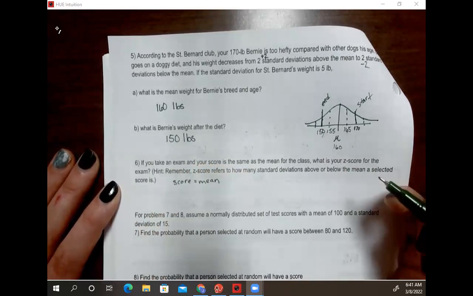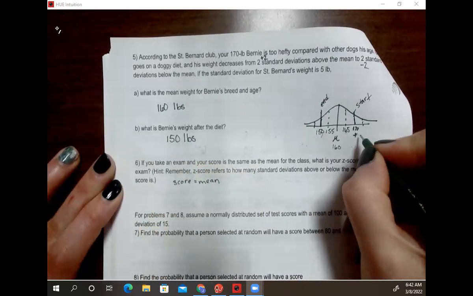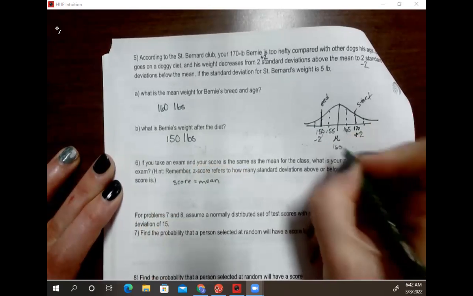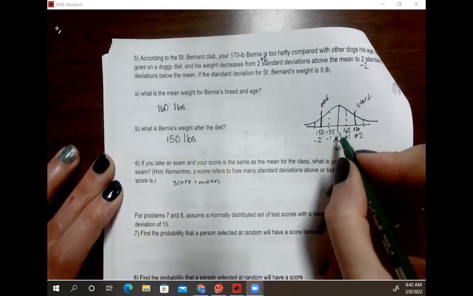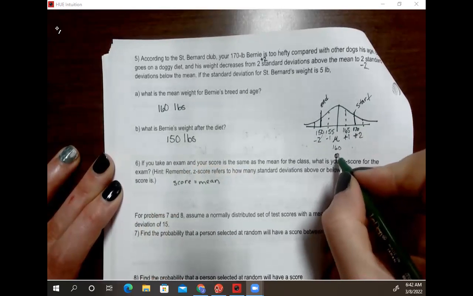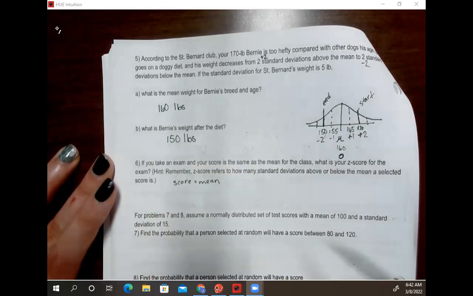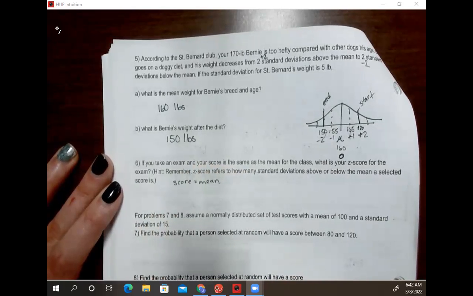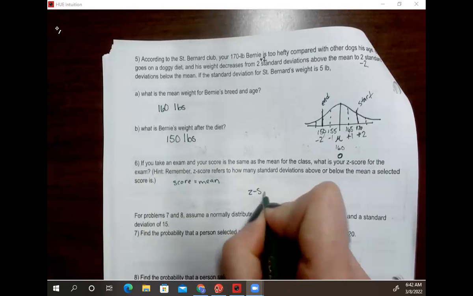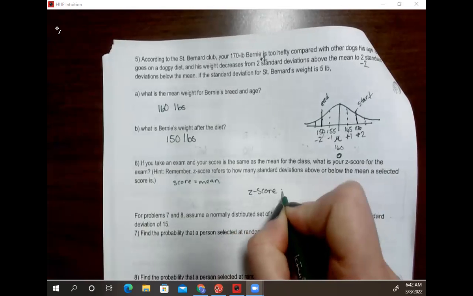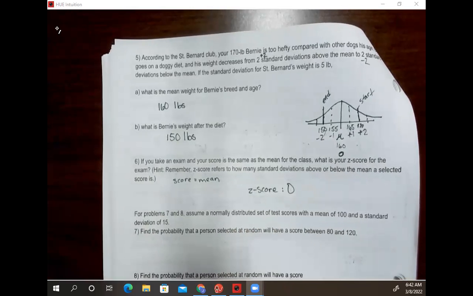What would be your dog's z-score? So we talked about how this is +2, this is -2, this would be +1, this is -1. So right in the middle there, the mean z-score would be 0. Remember, the z-score is telling me how different we are from the mean. If we're not different from the mean, then that means your z-score would be 0. You're not different from the mean at all.